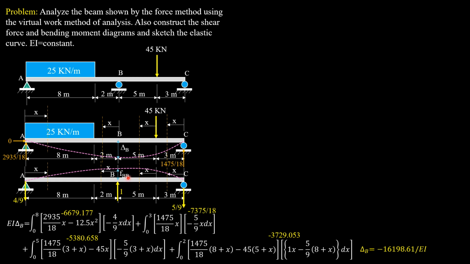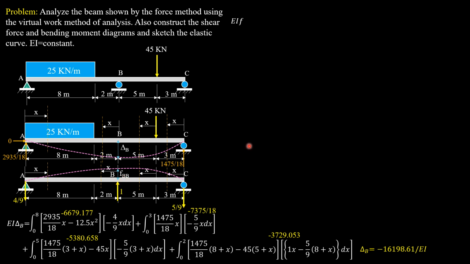And the second B is the displacement at B due to the unit load at B. That's the meaning of FBB. Again, displacement at B due to the unit load applied at B.